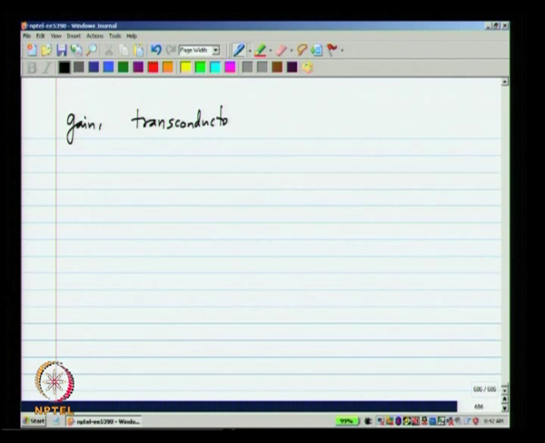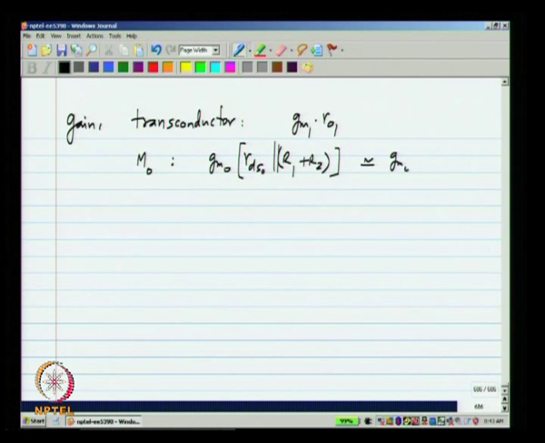The transconductor has a gain of GM1 R01 and the transistor M0 has a gain which is GM0 times RDS 0 parallel R1 plus R2, and I have assumed that R1 plus R2 is much larger than RDS 0. That will be GM0 times RDS 0.